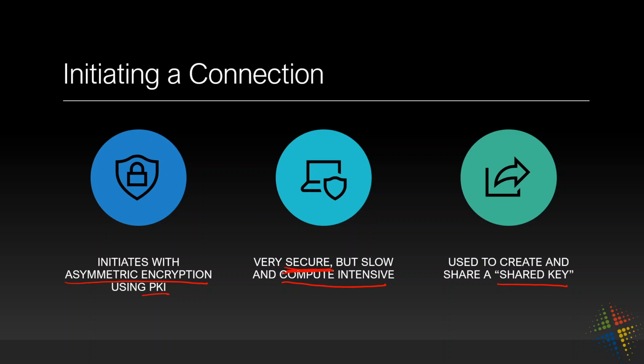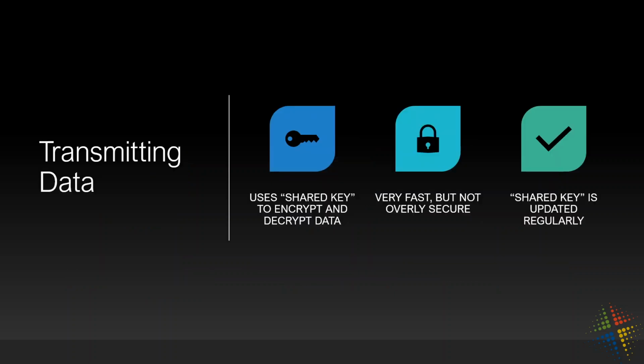So now that they have a shared key that has been securely communicated between the two systems, we can utilize symmetric encryption using that shared key. So we use asymmetric encryption in order to initiate the connection, and then we use symmetric encryption in order to actually transmit the data.